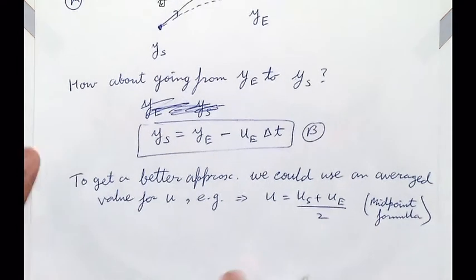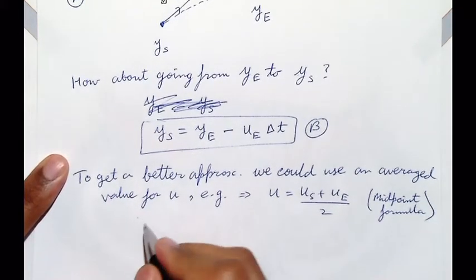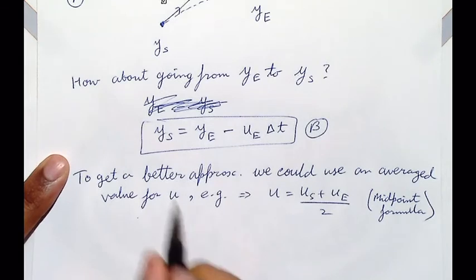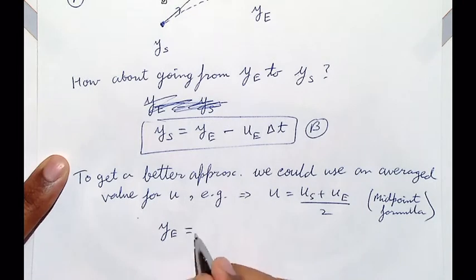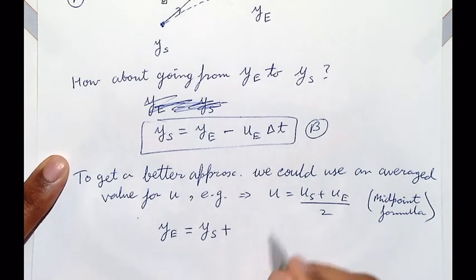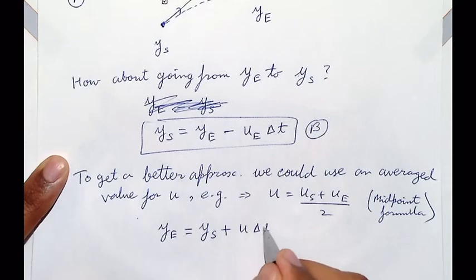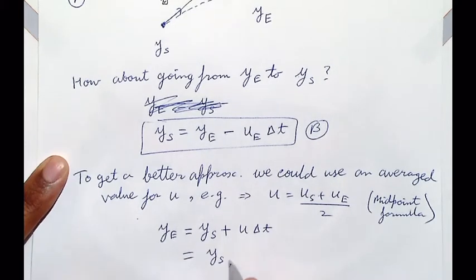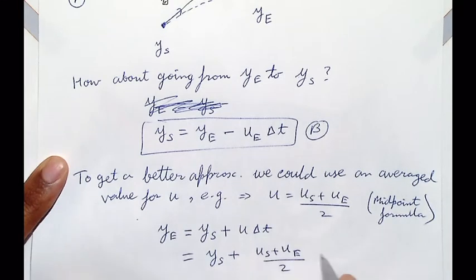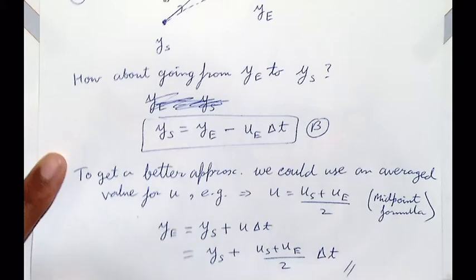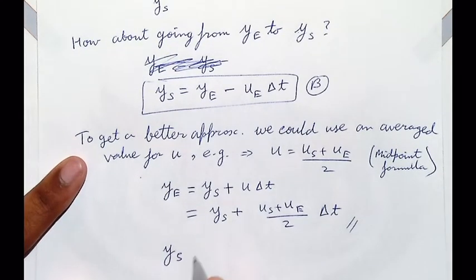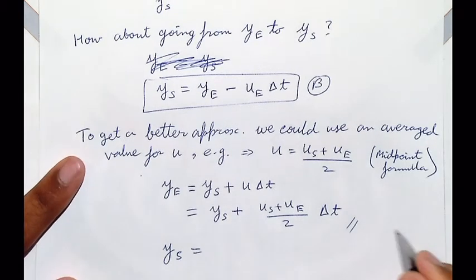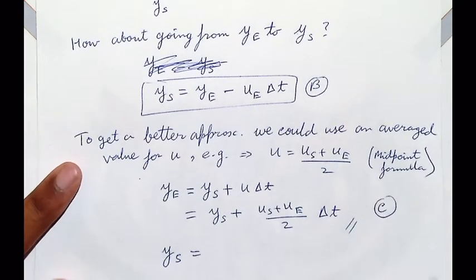All right, let's see. If we repeat our computation, what happens? So if we start at y start and try to go to yn, what will this be? yn equals y start plus u delta t. Okay, so that's an approximation. You tell me, what happens if I know yn and I'm trying to go to y start?